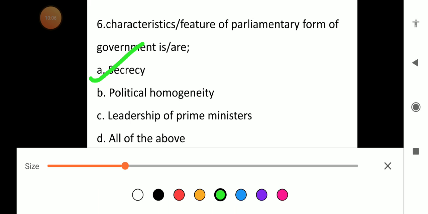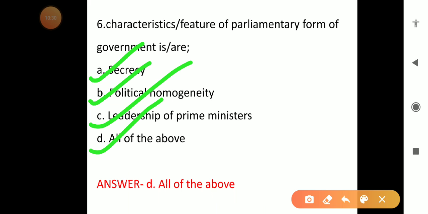In parliamentary government, though these days we have coalition governments, people with similar ideas form the government and join one party. So that's why political homogeneity is required. Then we have leadership of the prime minister. Yes, it is there. So it also applies. Then we have all of the above. So this is also right. All of the above are the features and characteristics of the parliamentary form of government.